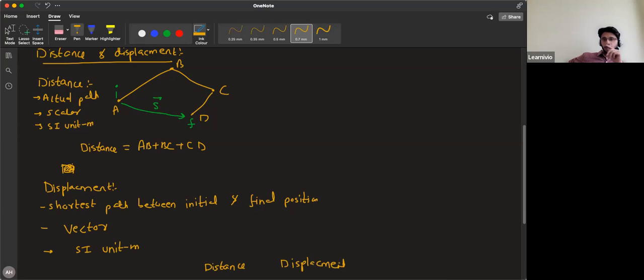That's totally correct. Now I'm asking, is there any case when distance and displacement can be equal? Saifullah, when can they be equal? Farhat, can you answer when these two quantities are equal?